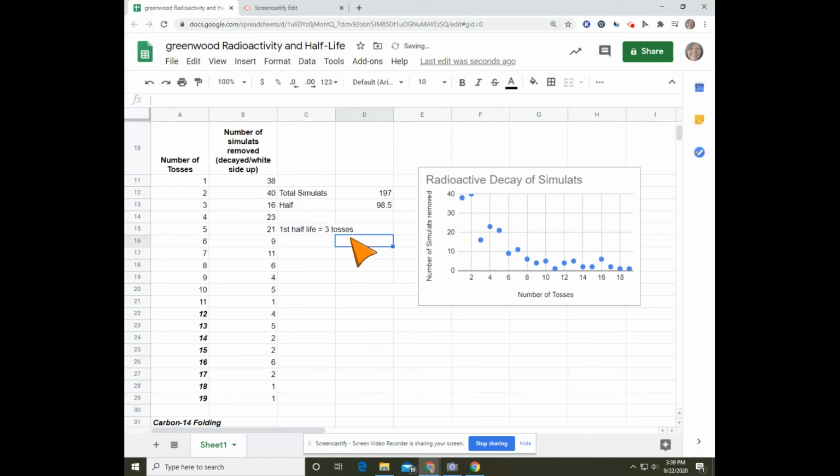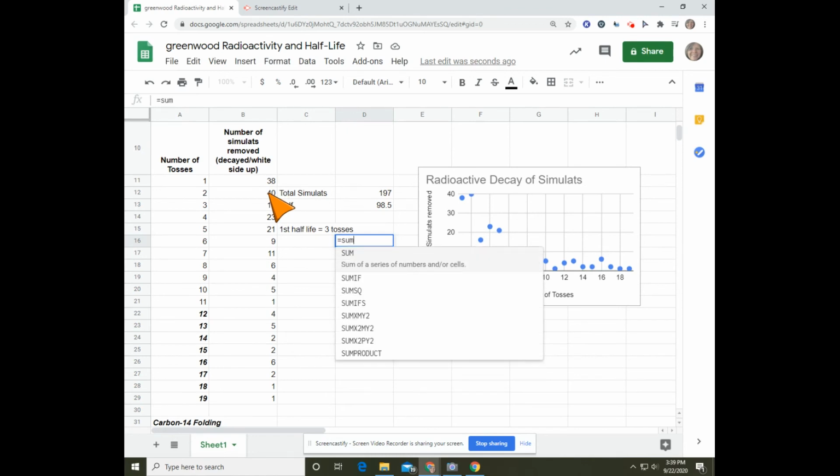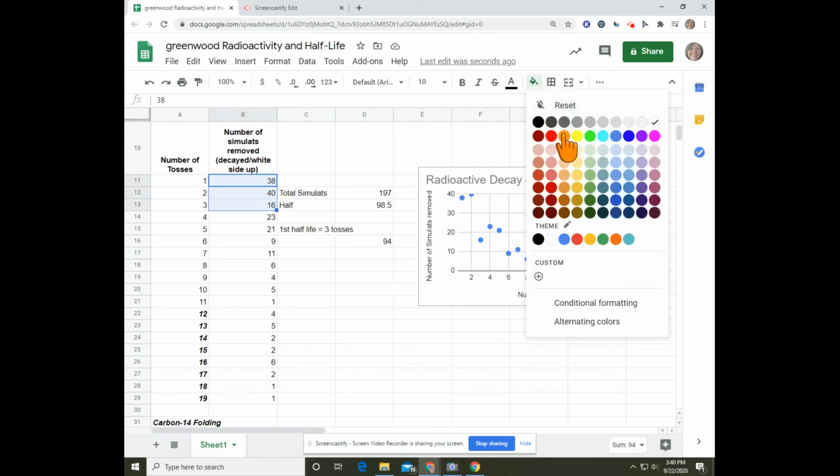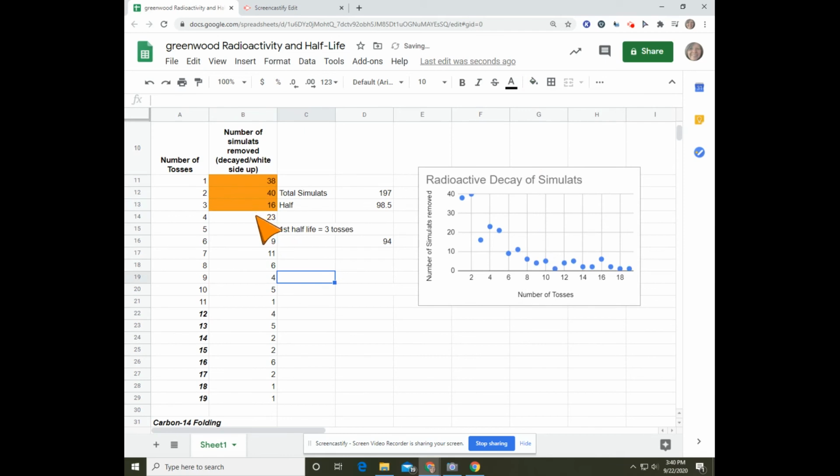all right, kind of go here, equals total up that first half-life. .94, so about. So that would be these here. We'll go ahead and color them so that we have an idea. The second half-life, labeling is important.